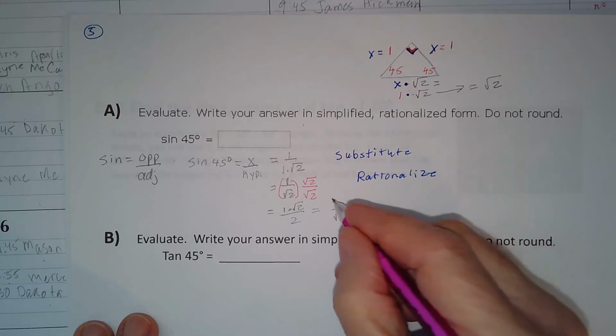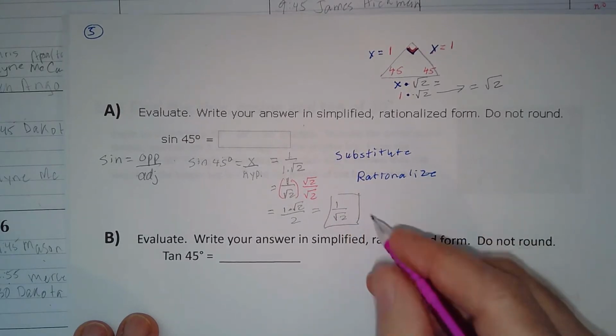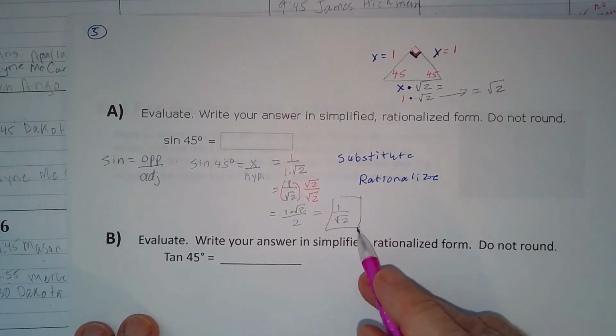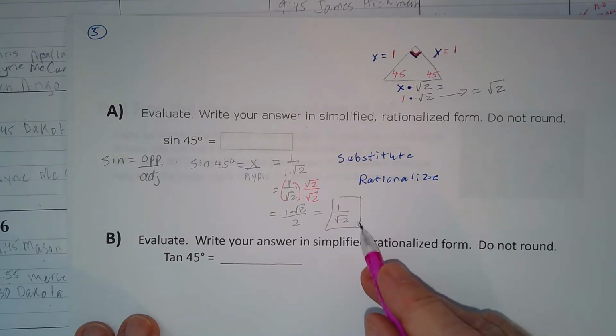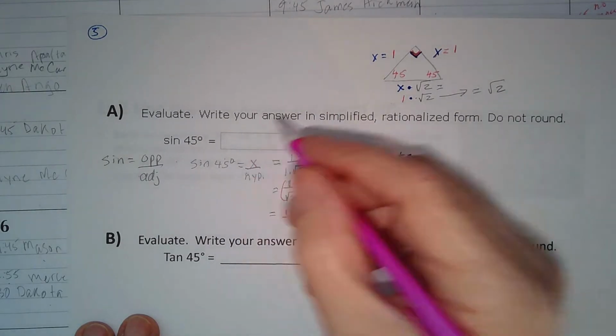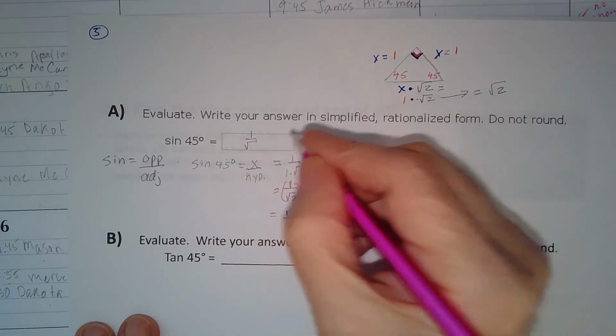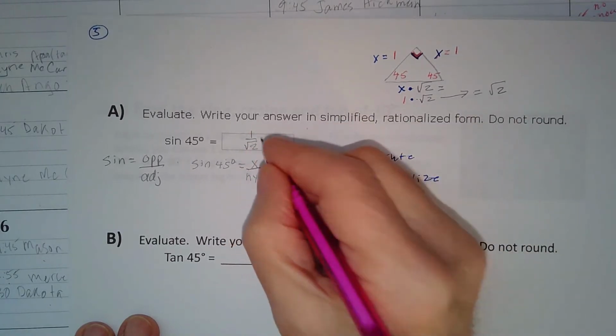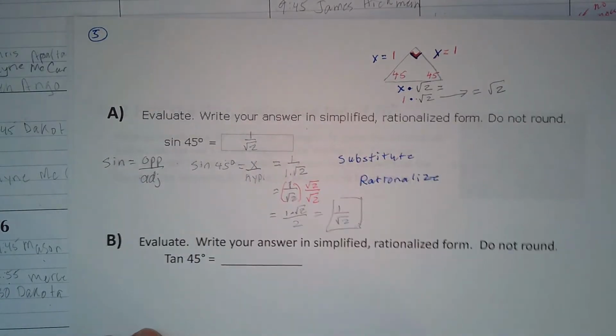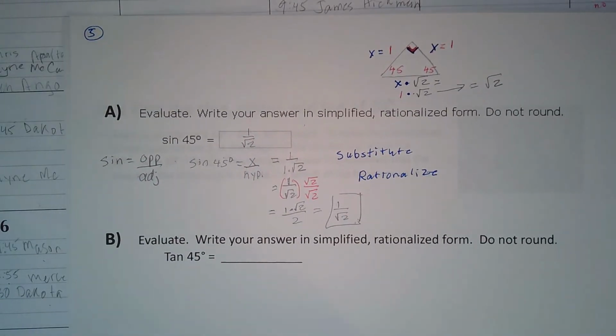Right? Okay, so that's the answer that you would plug in up here in IXL. And then you click on submit and it should say, hey, you got it right. Okay.